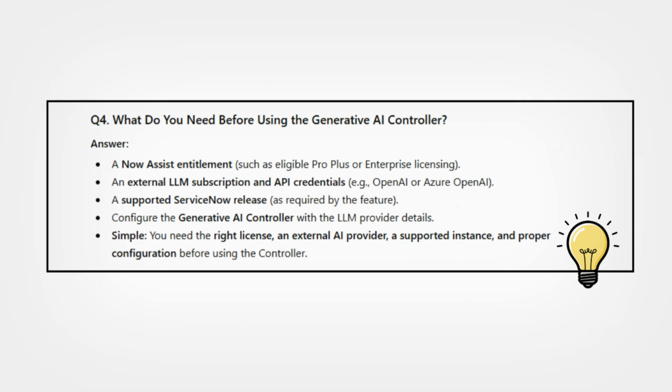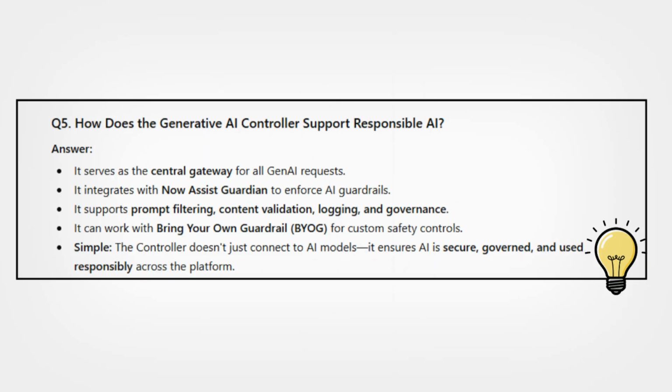Mostly it is starting from Vancouver. So make sure you have the right version. So once these three are in place, you can configure the controller in the platform and all the Now Assist features and generative AI features or use cases are available to you and you can start using them in the connections.